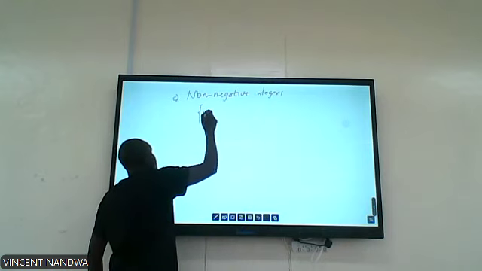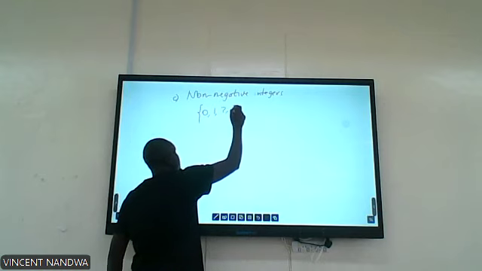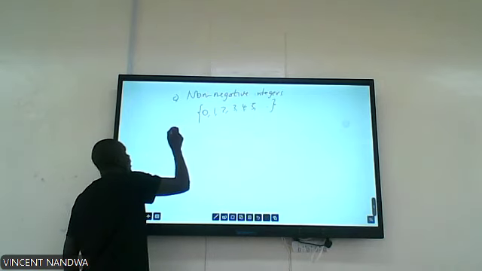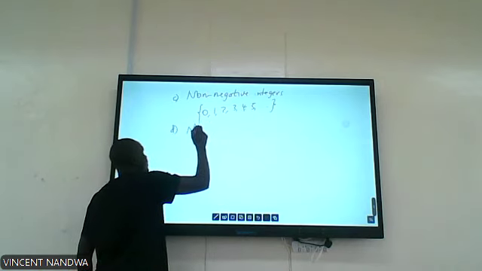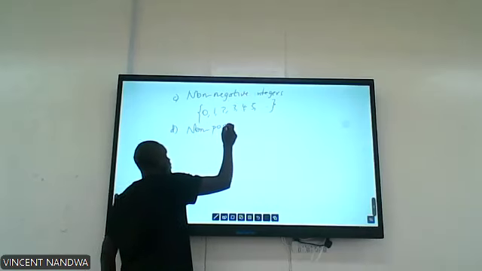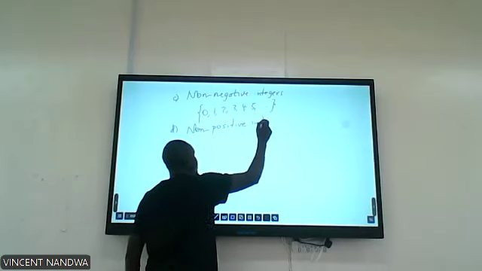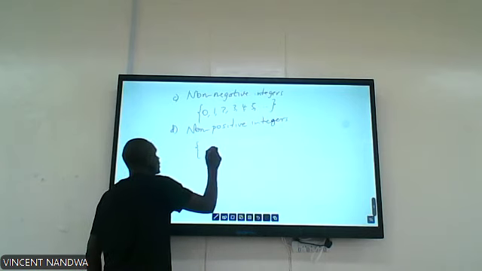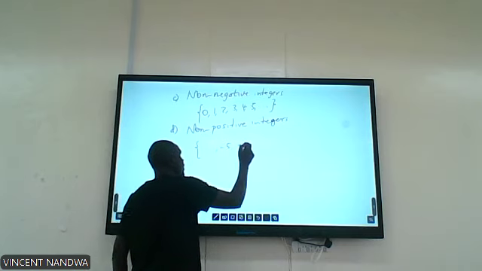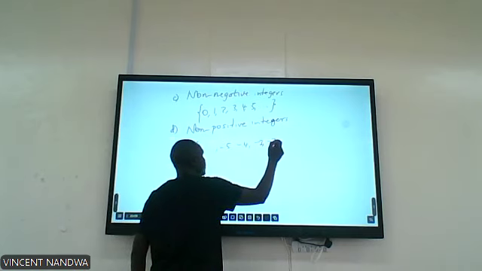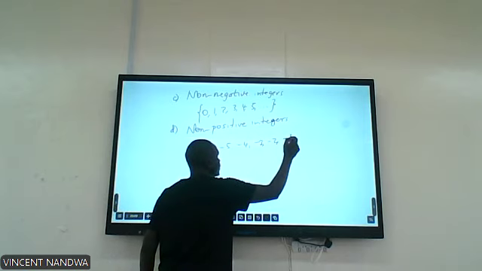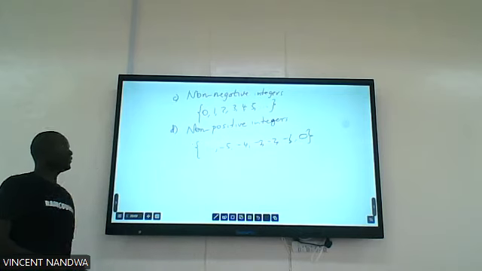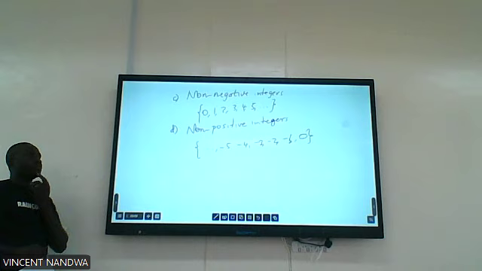So non-negative integers are 0, 1, 2, 3, 4, 5, etc. And there are what we call non-positive integers. So these are minus 5, minus 4, minus 3, minus 2, minus 1, and then 0. So there's a difference here.